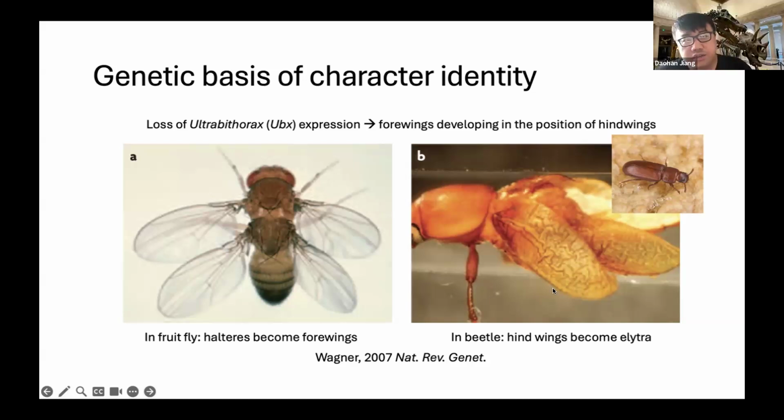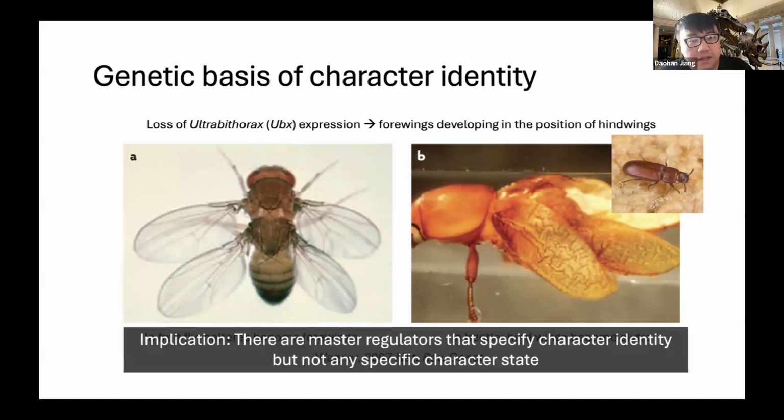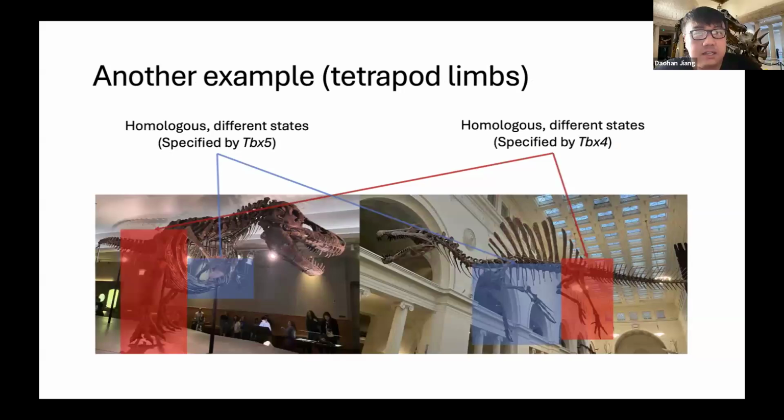So in conclusion, this gene doesn't specify any specific wing morphology state, but instead hindwing identity. Similarly, tetrapod limbs are also regulated in a similar way. So we know there are genes specifying forelimb and hind limb identities respectively, and there are other genes specifying their states.